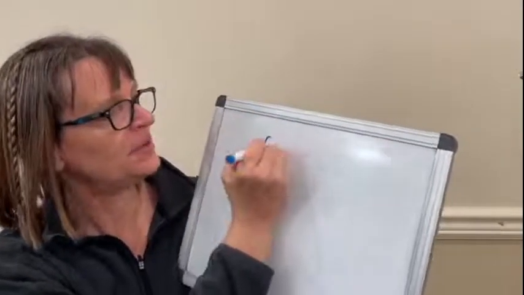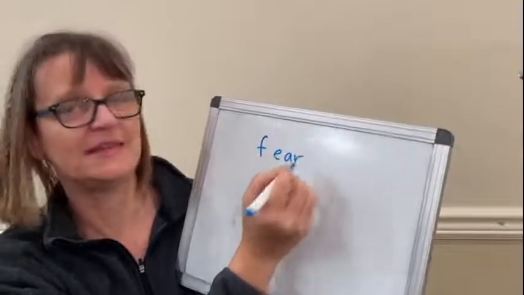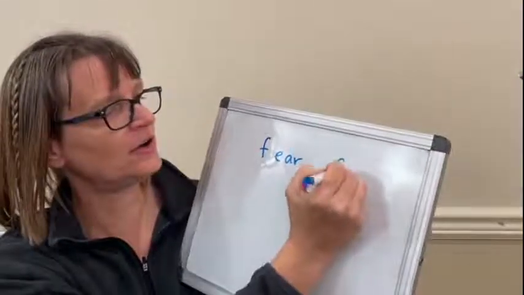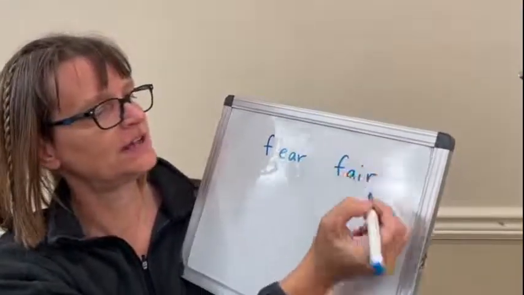We also had a request for the word fear, so we're going to do that next. And while we're talking about fear, I do also want to talk about the word fair. I know for some people, the difference between the ear and the air glide is challenging.